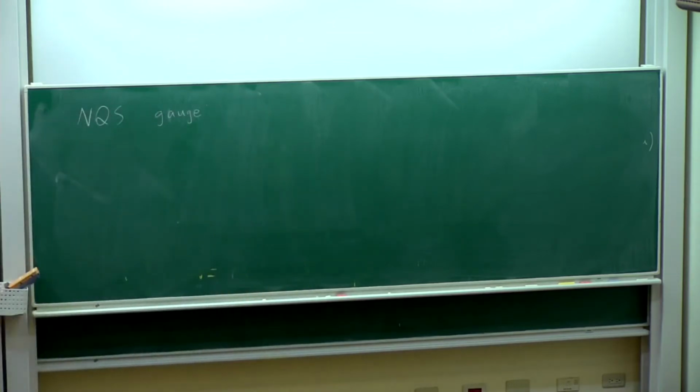So for the NQS gauge, we will write down the spacetime again, roughly modeled over a null cone, but with a different gauge choice.